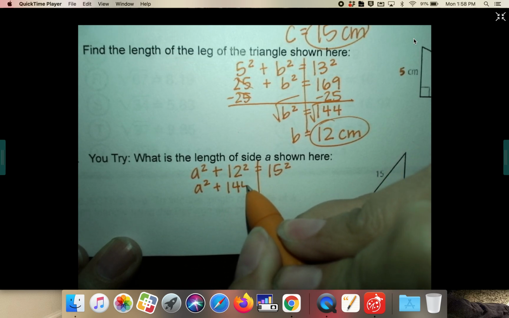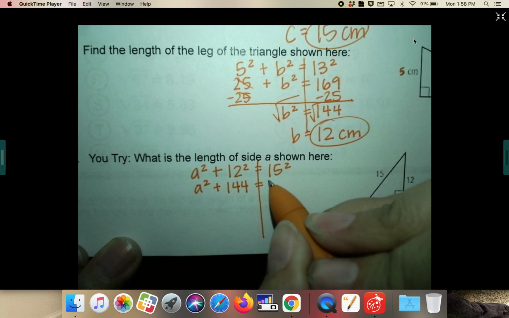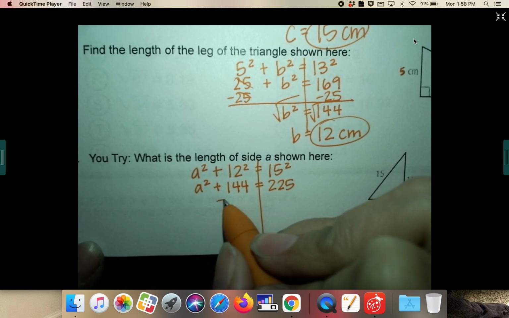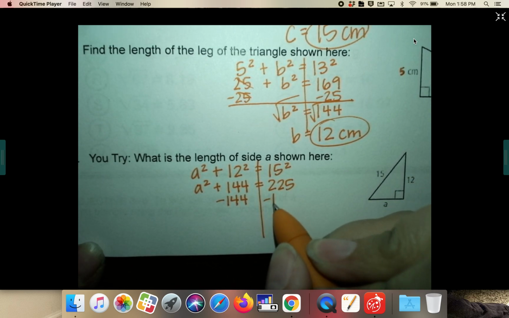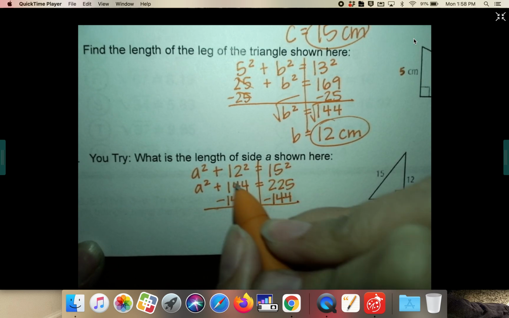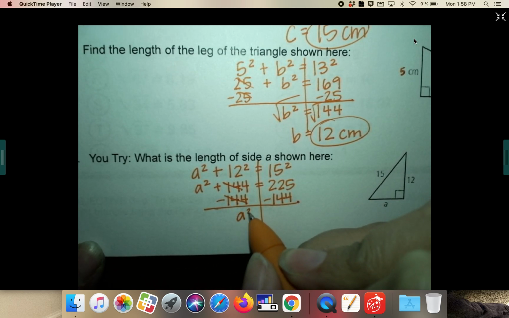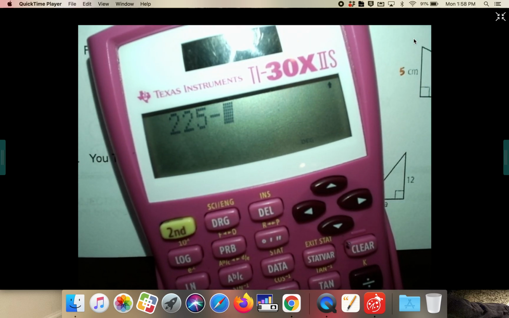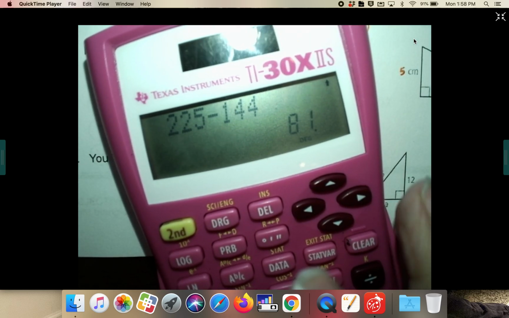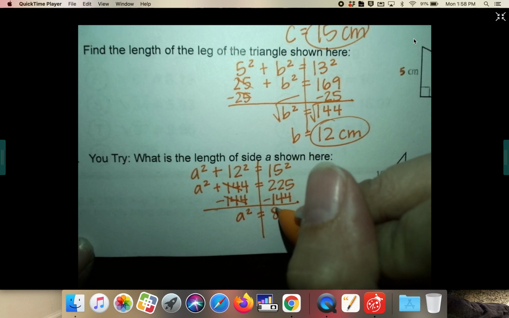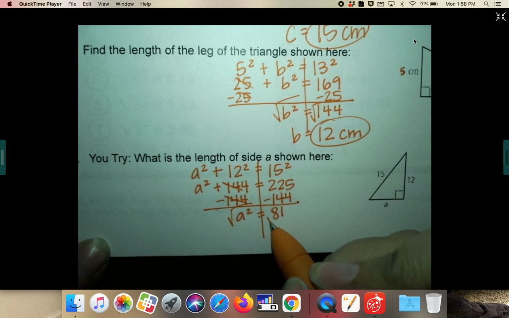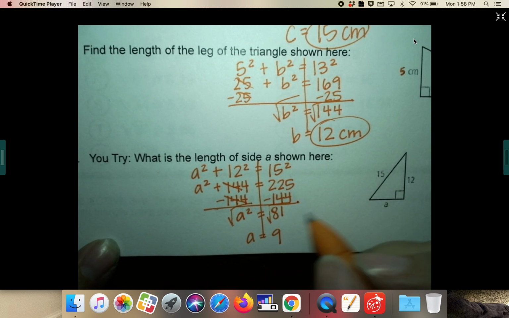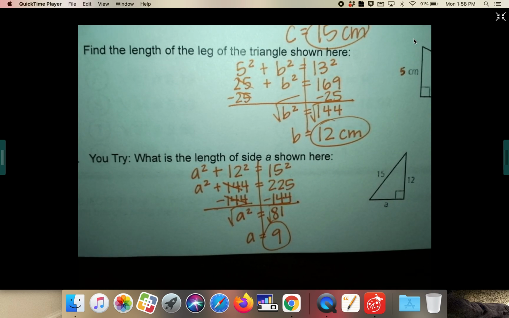B is 144, C is 225, and so I'm going to subtract 144 from both sides. Bring down your A squared. 225 minus 144 is 81, which is great because 81 has a perfect square root, and it is 9. So 9, it didn't give us inches or whatever, so we're just going to go with 9.